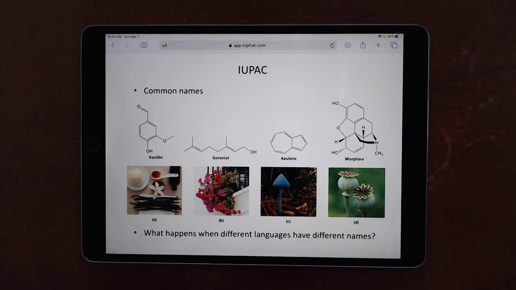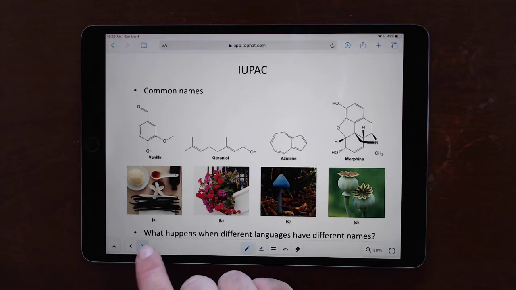So a lot of these things do have common names, but the problem is if you're trying to communicate in another language, different regions have different names for things, it's going to get really complicated in a hurry. With that, IUPAC had to sit down and make some rules about how you name things.